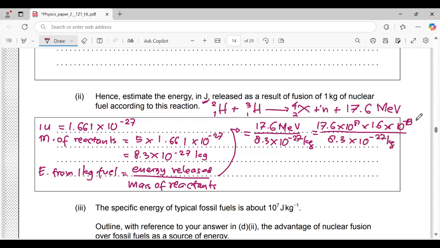This is joule per kg, the unit. If you calculate, the result is 3.39277 times 10 power 14 joule. In significant figures, 3.4 times 10 power 14 joule.